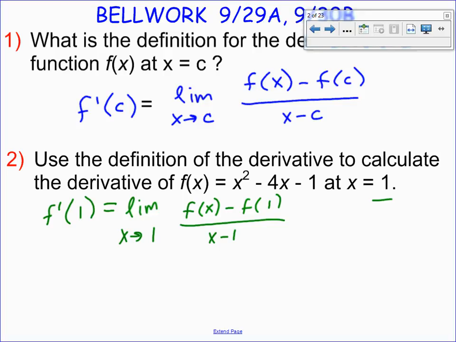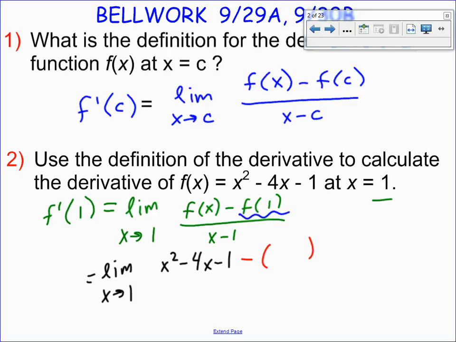Let's rewrite this as the limit as x approaches 1 of, what's f of x? x squared minus 4x minus 1, minus, and now I'll do f of 1. What's f of 1? Let's see. I'll plug 1 into my expression f. 1 squared is 1.